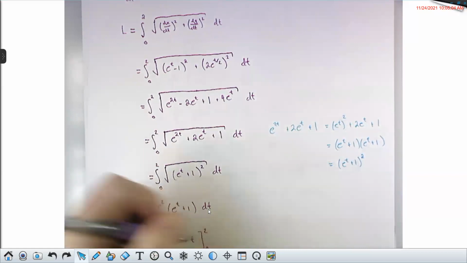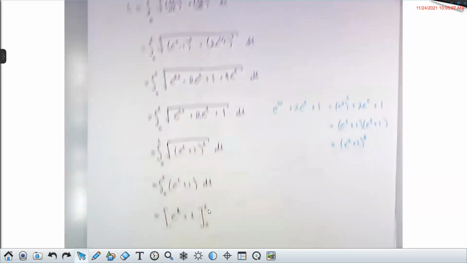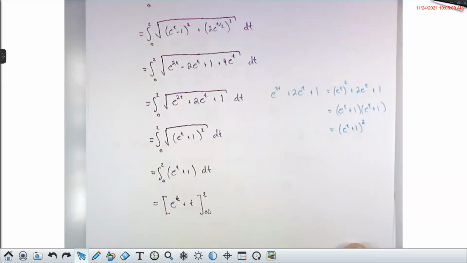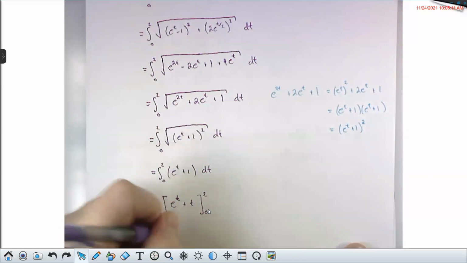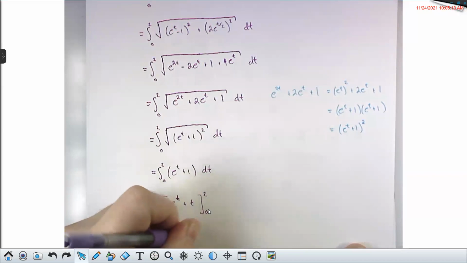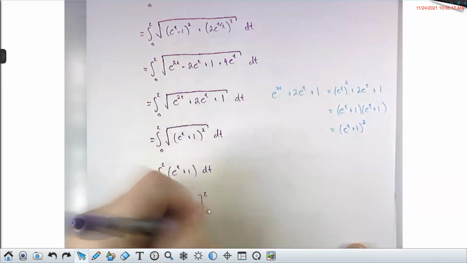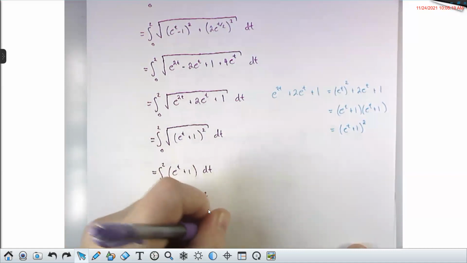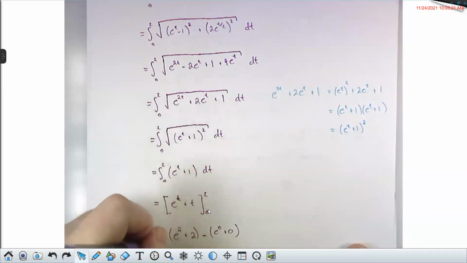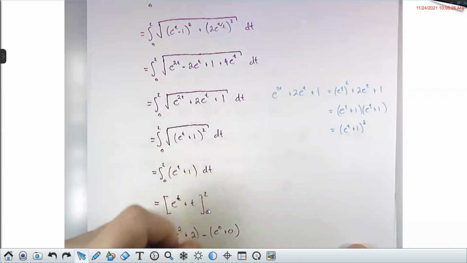I evaluate that from 0 to 2. And that gives me e squared plus 2 minus e^0 plus 0, which is e squared plus 2 minus 1, or e squared plus 1.